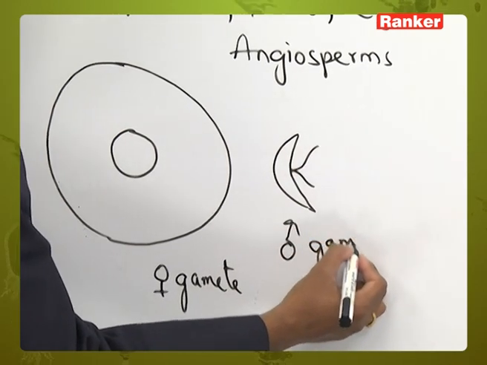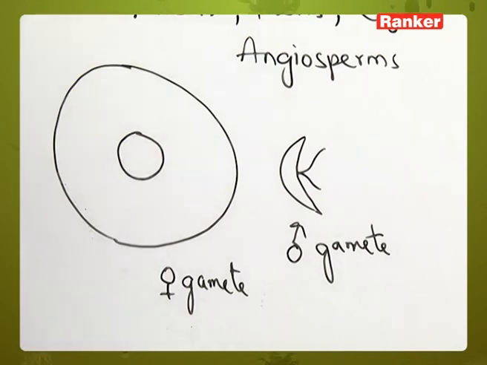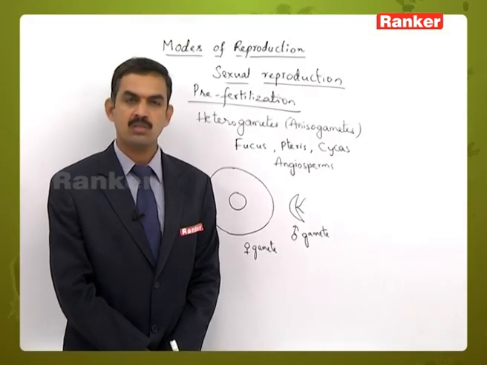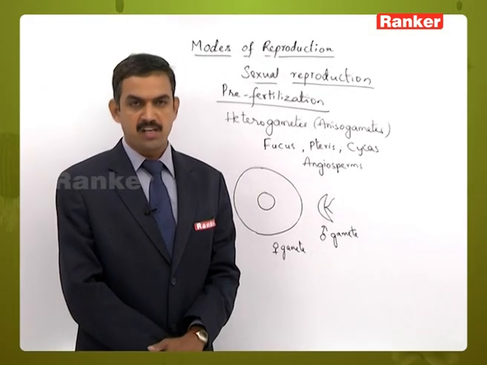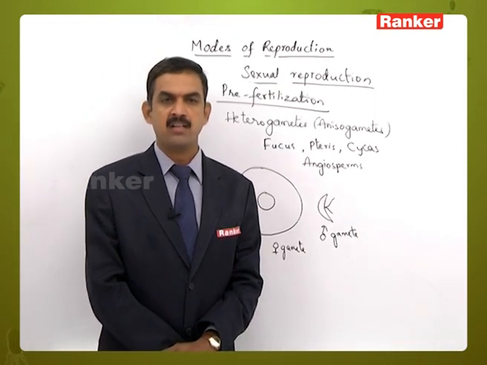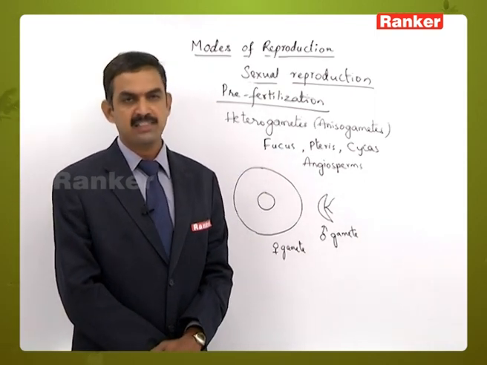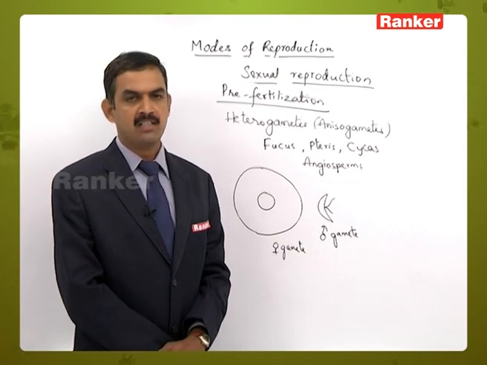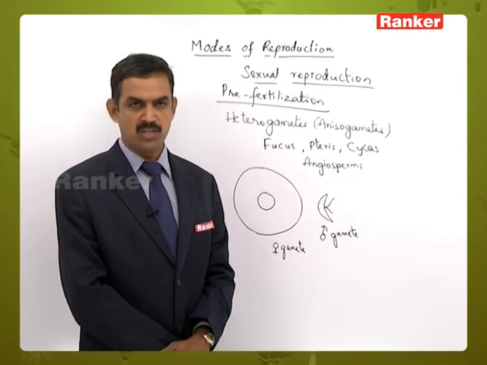So both of them are structurally different from each other. So this type of gametes are called heterogametes. In lower organisms, that is algae, fungi, bryophyta and pteridophytes, the male gametes are motile and the female gametes are non-motile.